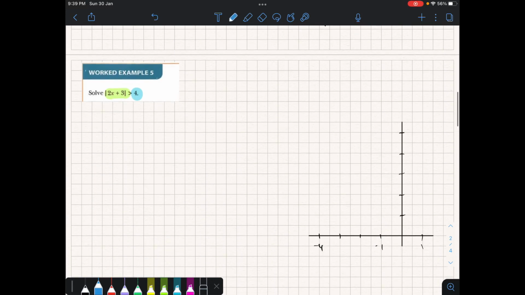So the rule we're after is if we have some modular function p greater than some constant q, we can say p is going to be greater than q, or p is going to be less than minus q. So let's do the algebraic method first.